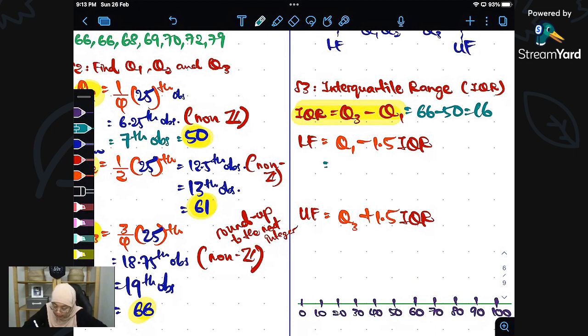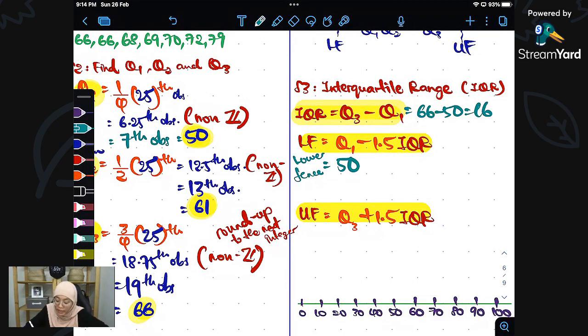And then this 16 will be used in the lower fence. This one you also must memorize. You cannot not memorize, because it is not given in the exam. Q1 minus 1.5 times IQR. So Q1 is 50 for the lower fence. We call this the lower fence. You can write it down there.